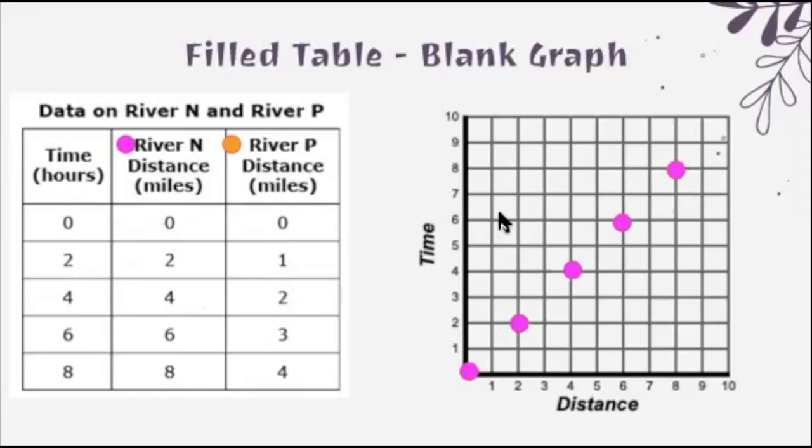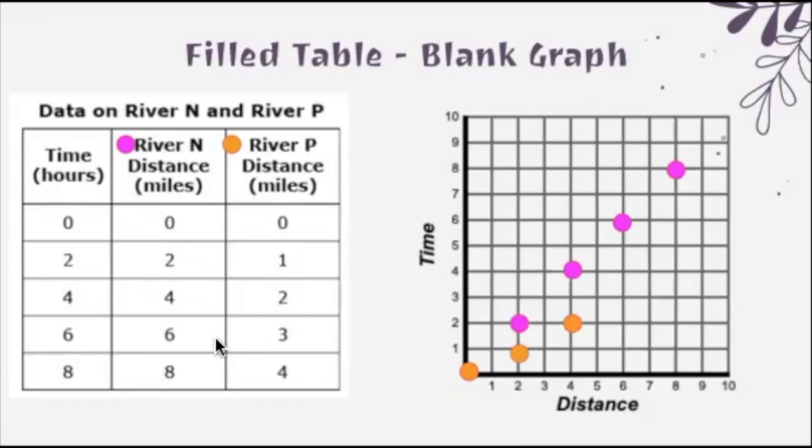Everything in pink, since I have it labeled over here, I know it's my river N. I'm going to do that same thing with my river P. So here, the first part is 0, 0. So I just put my orange dot on top of my pink dot because it's still 0 hours. It didn't go anywhere. At 2 hours, my P only went 1 mile.